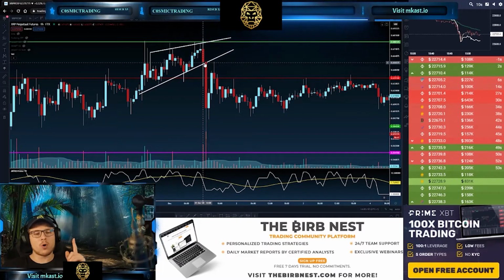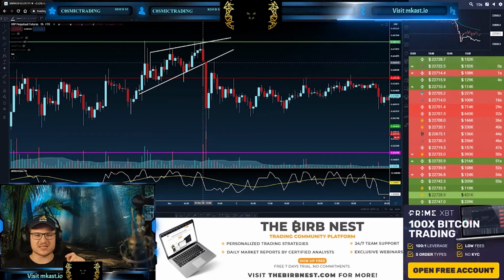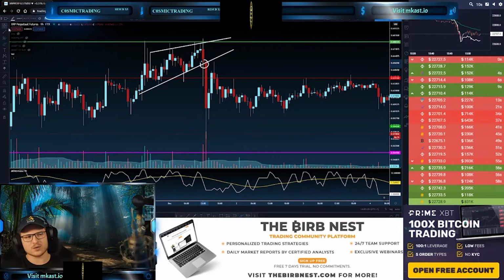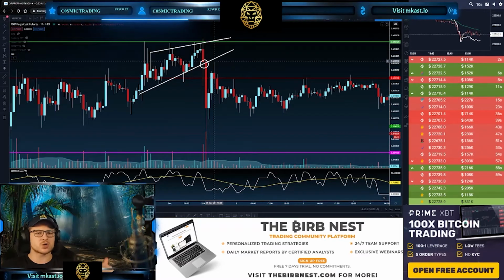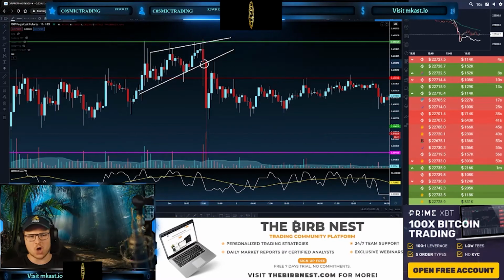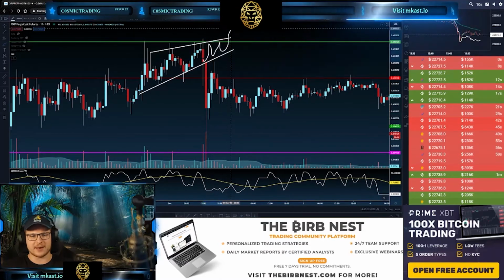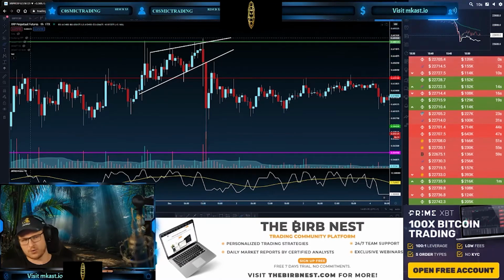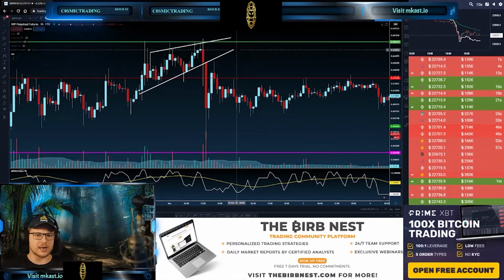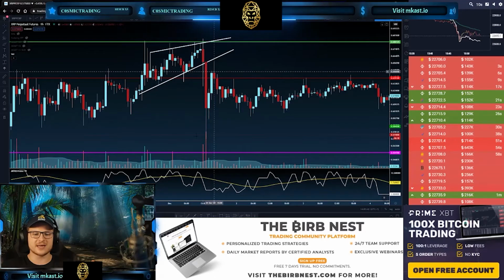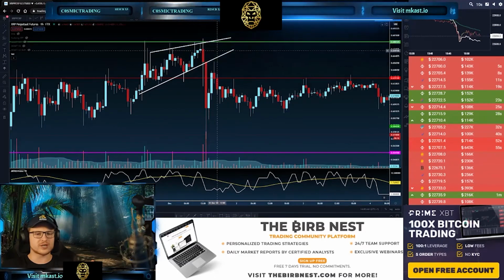Now here, most of the time what you would like to see is obviously a close below or outside the rising wedge, just to make sure that you're on a safe part and that it's not going to turn against you and go back up, and then maybe even break out if you didn't watch it correctly. Now obviously in this case we had a strong breakdown and an immediate low volume retest.